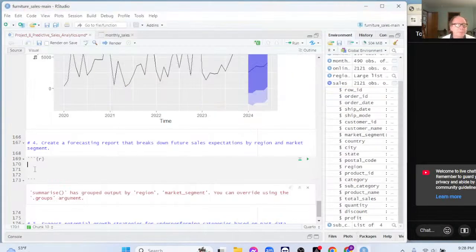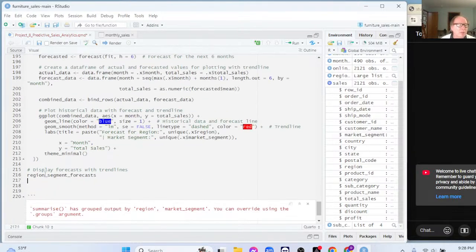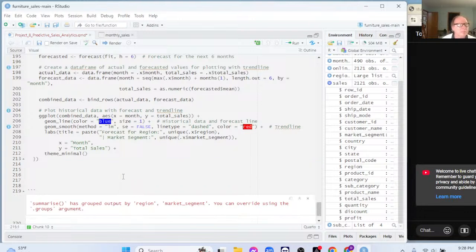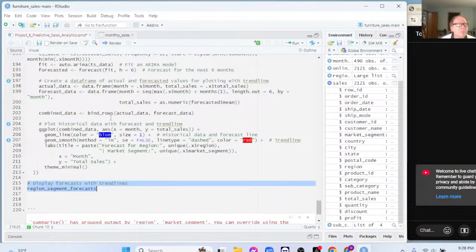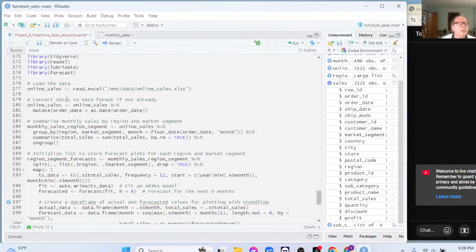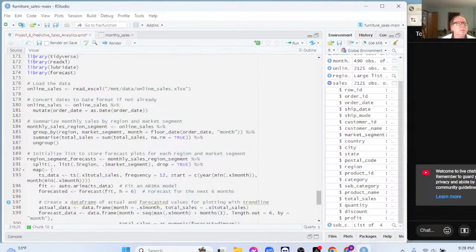Let's try response B here. You don't really need this, display forecast, unless that's actually where the plots are created. I thought that was printing out a table.